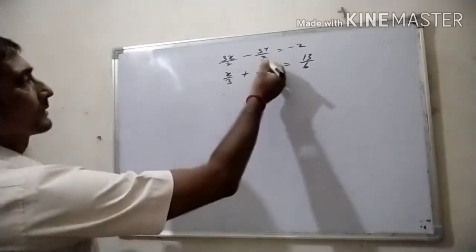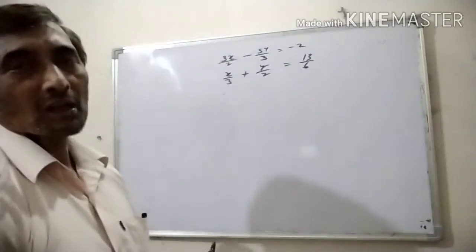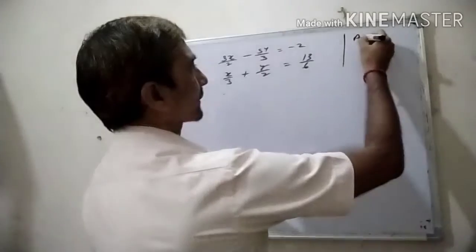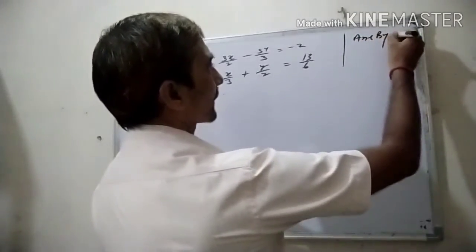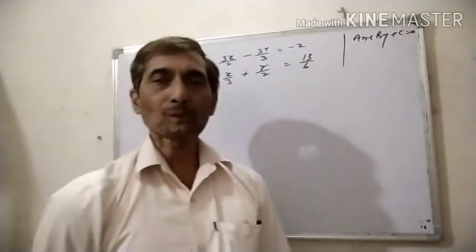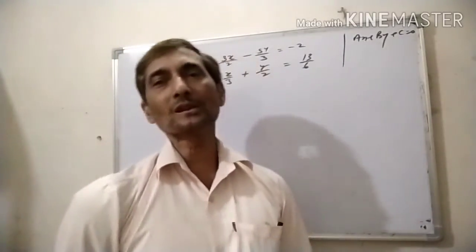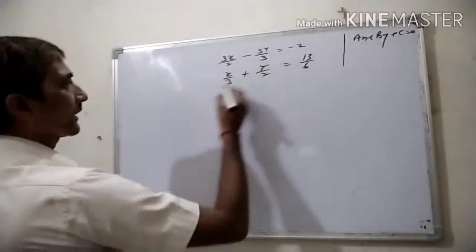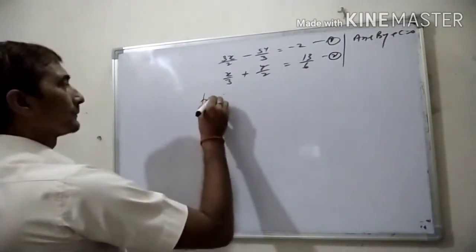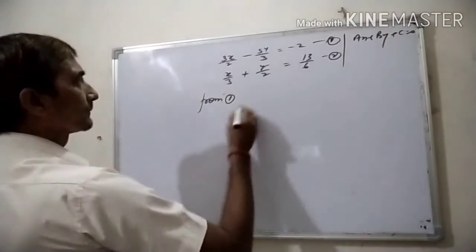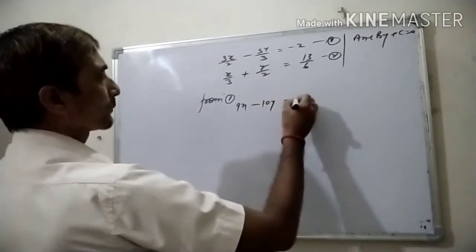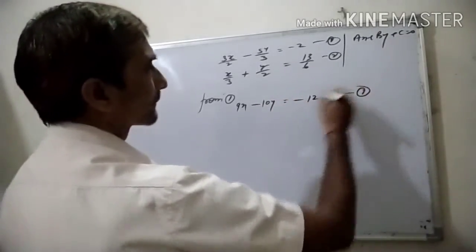Student, first of all, take the LCM and convert the equations into the standard form ax plus by plus c equal to 0. Change the given form of the equation into the standard form. From equation 1, after taking LCM, you will get 9x minus 10y equal to minus 12.